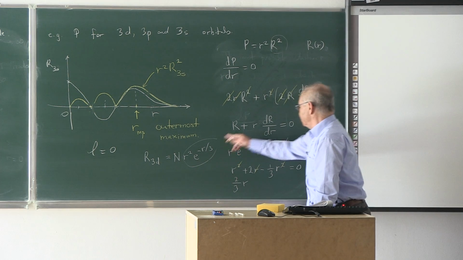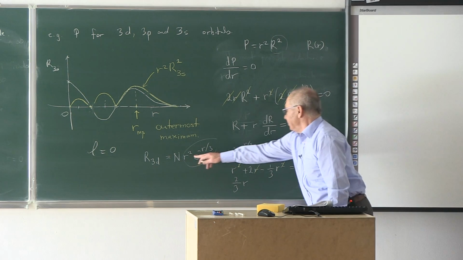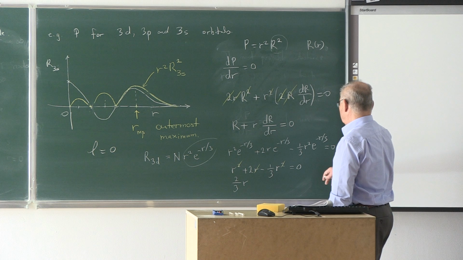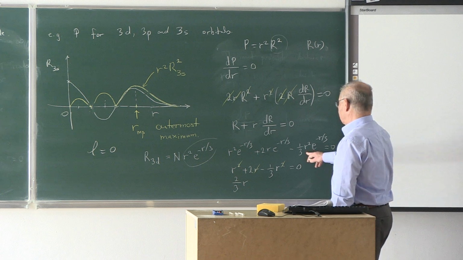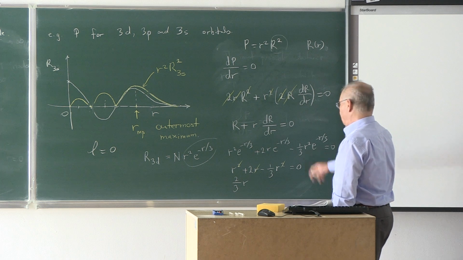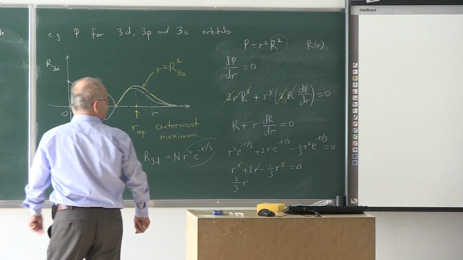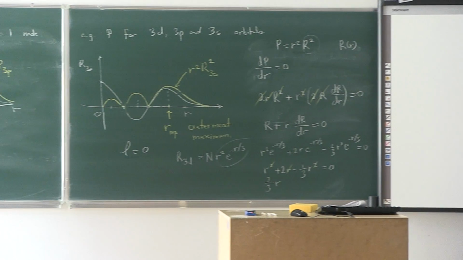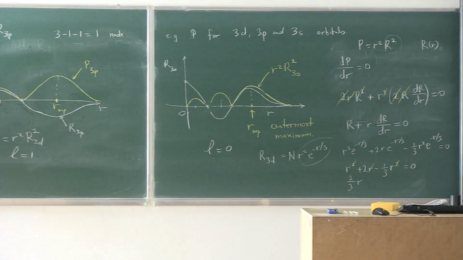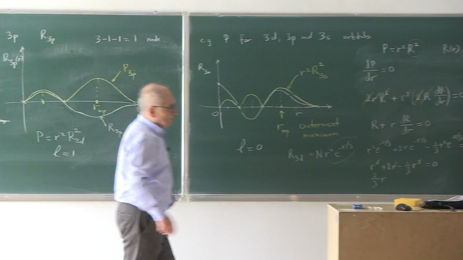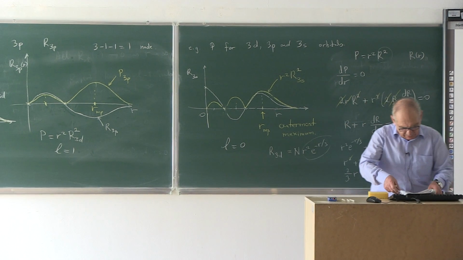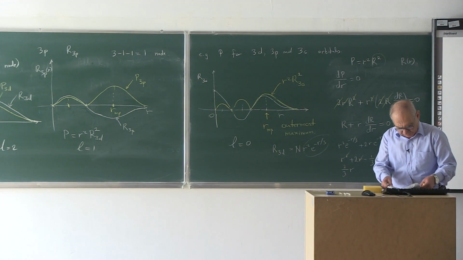Derivative of the exponential is minus 1 over 3. We are multiplying with r squared. That is also correct. But there is a problem. We are doing it for 3D. We should obtain a positive value for RMP. Let us see where the problem is.